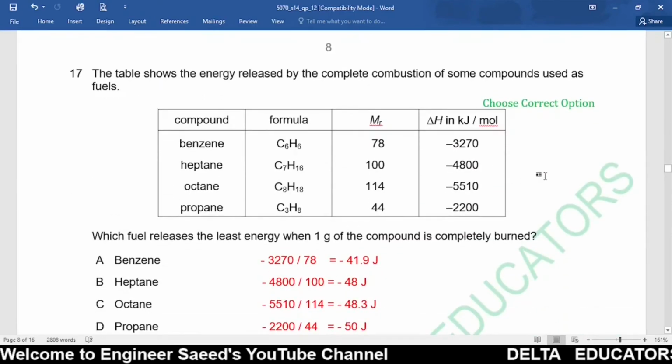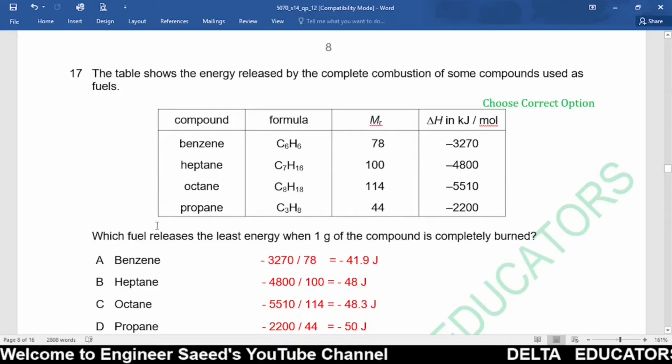Question number 17. The table shows the energy released by the complete combustion of some compounds used as fuel. In first column, compound name is given, second column formula, third column molecular mass, and in the fourth column delta H is given. It is in kilojoule per mole.